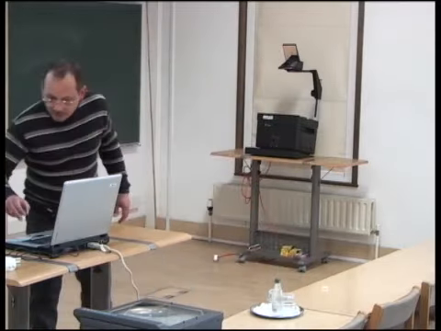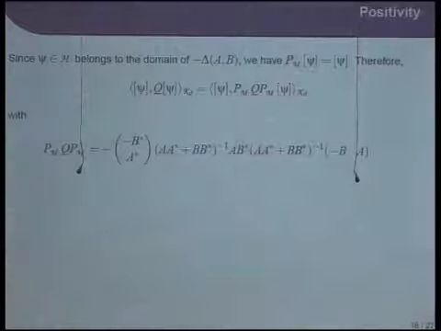If we have it, then in any case we know that Pm applied to the boundary value of psi, which is a function from the domain of our operator, gives the same psi. So the bracket of psi lies in the range of the projection Pm. Let's use this information.